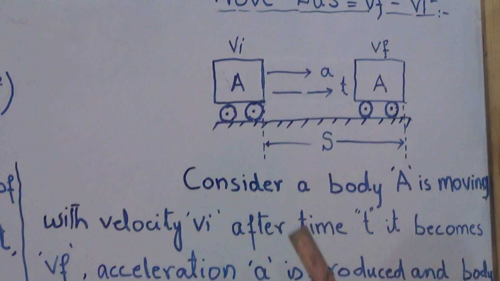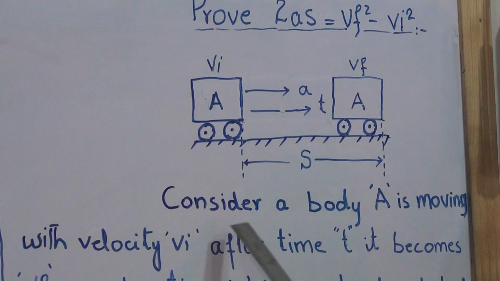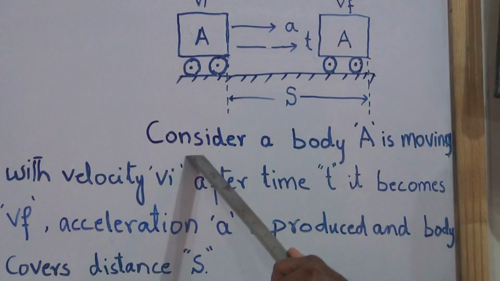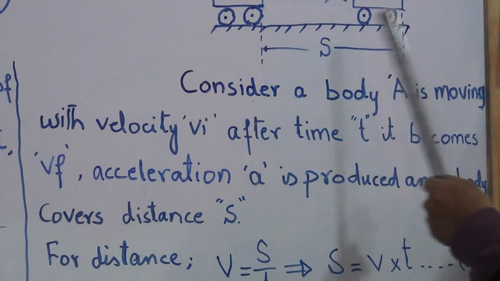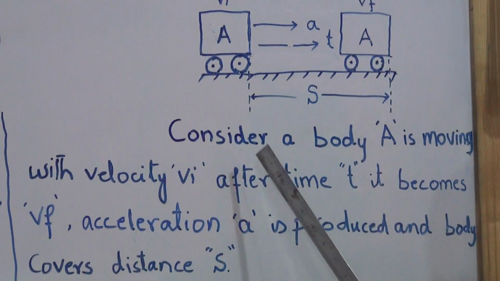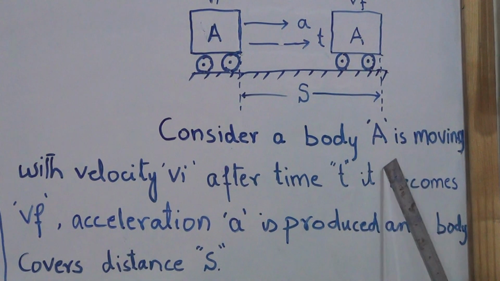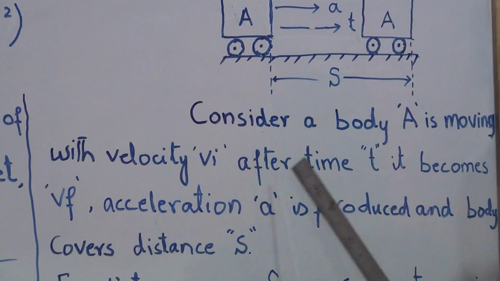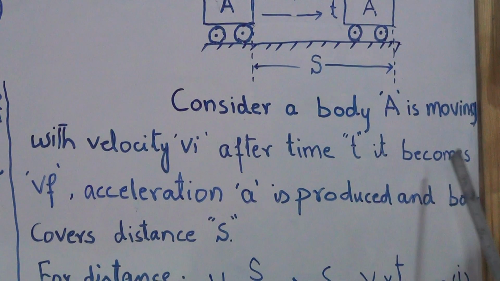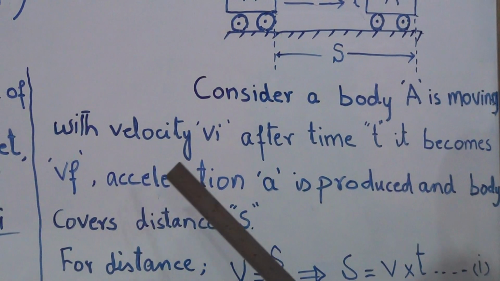So you can describe this diagram with the word consider, suppose or let. Now we will describe it by the word consider: a body A is moving with velocity Vi. After time t, it becomes Vf.